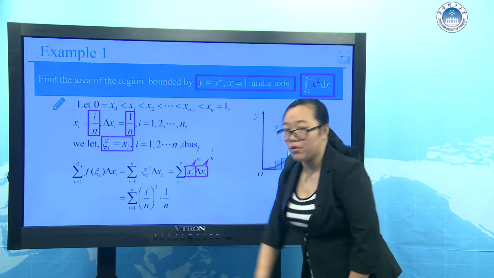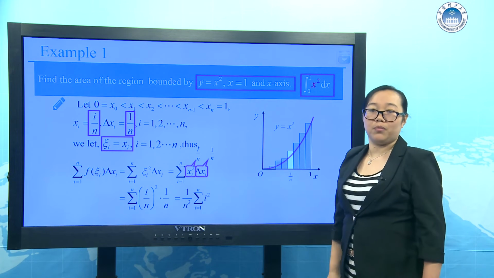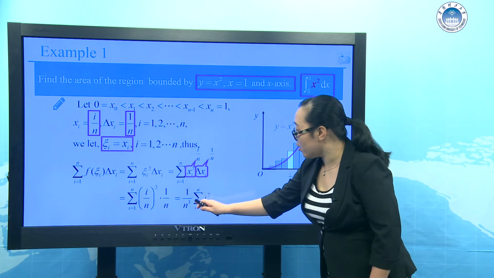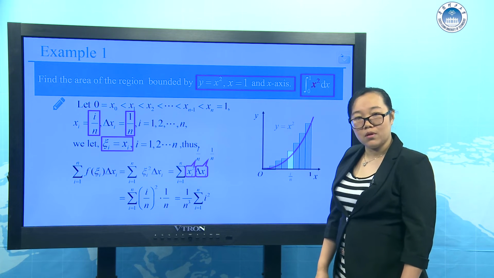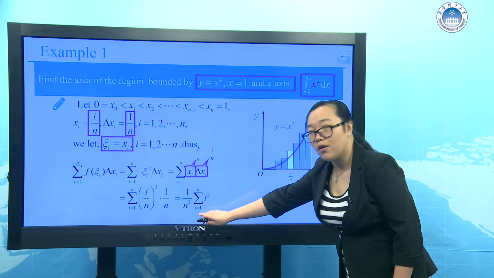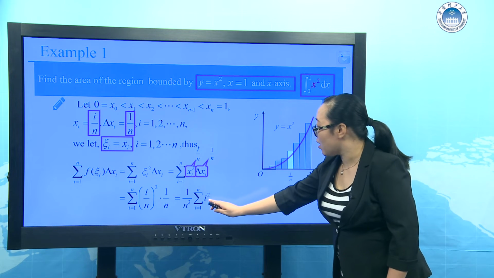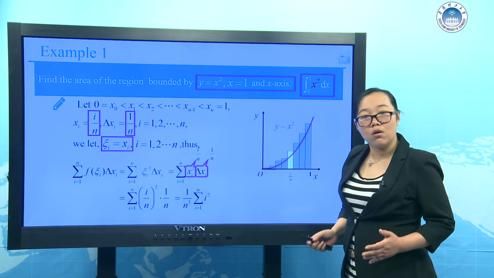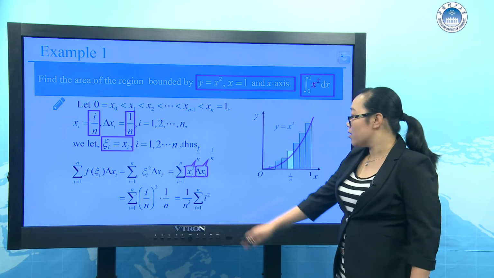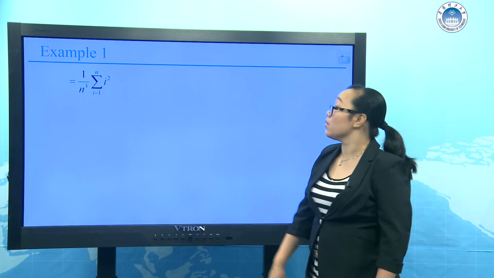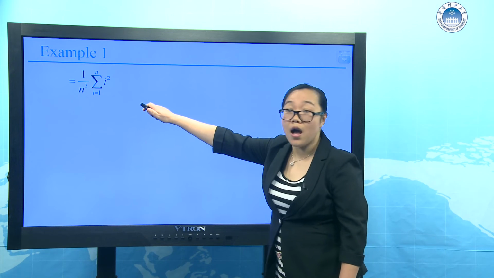Go on, compute this expression, taking the constant 1 over n cubed out. What is summed? i is changeable, so now we have the summation of i squared, so we only need to compute the summation of i squared.